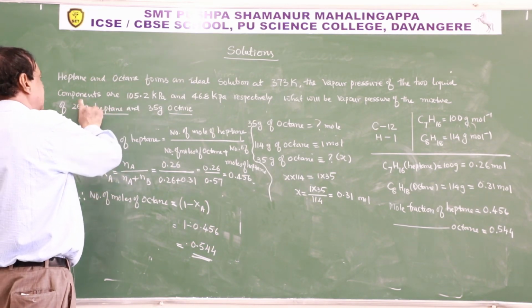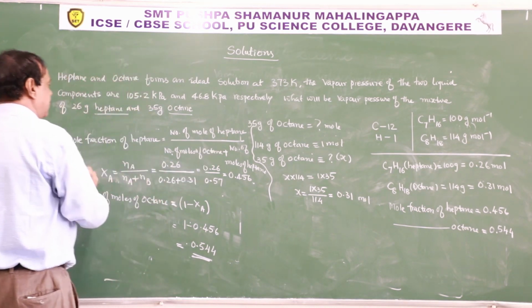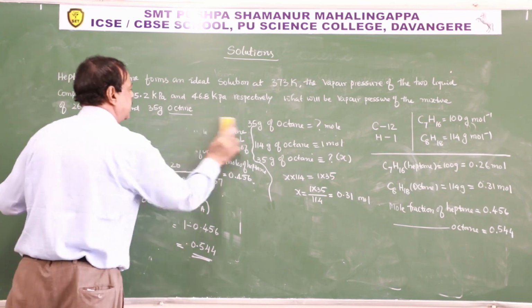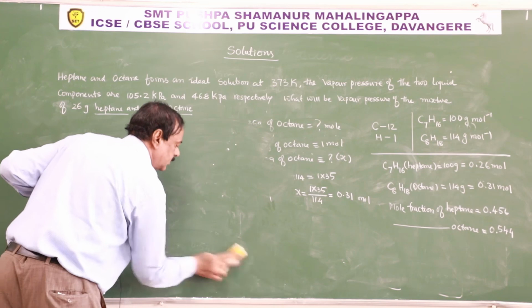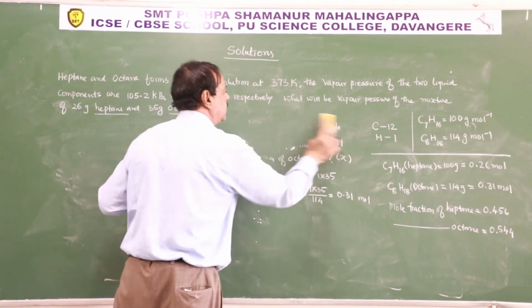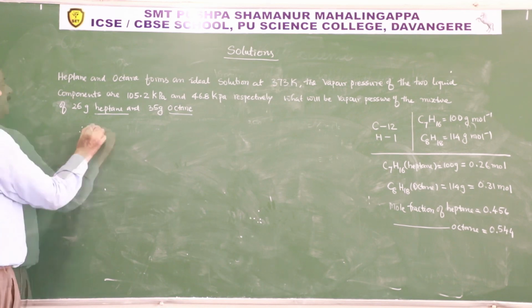Now you know the mole fraction of the heptane and octane, and also you know the pressure exerted by these two pure components, and hence you can calculate the vapor pressure. Therefore, vapor pressure is equal to mole fraction into total pressure.